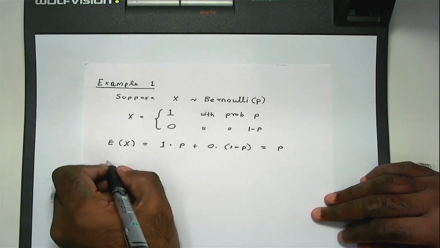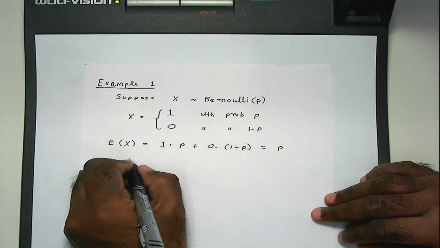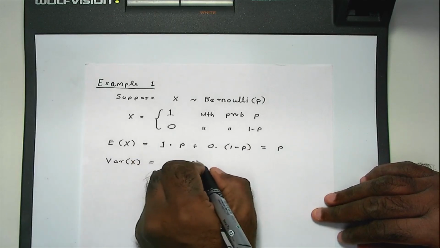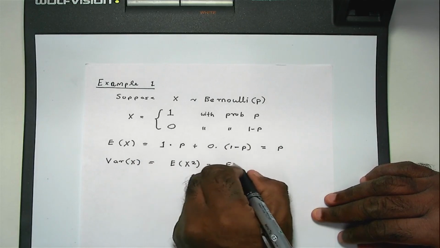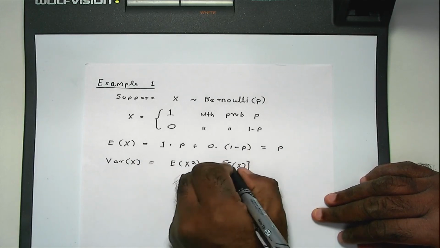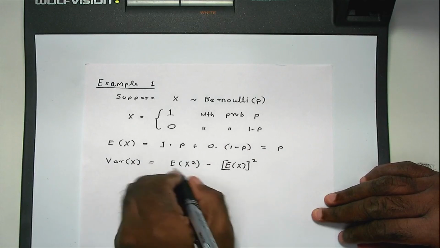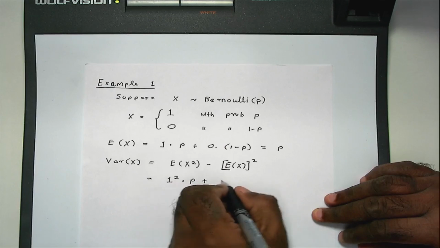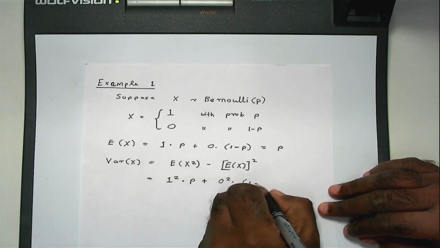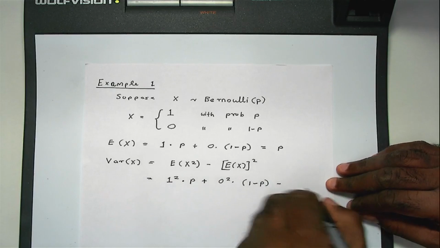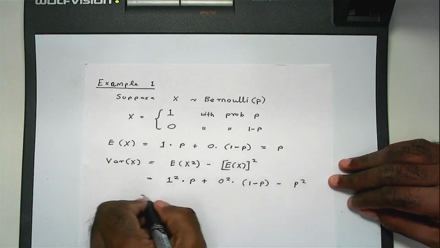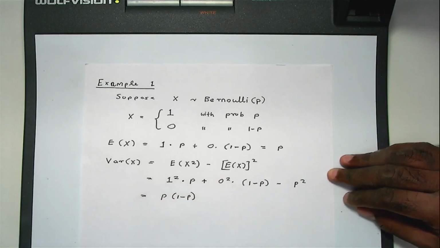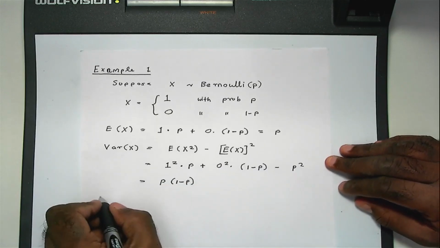The variance of x, I'm going to use the following formula. So the expectation of x squared is going to be 1 squared times p plus 0 squared times 1 minus p, minus p squared. So this would be p times 1 minus p. Alright. The next thing we talked about was the standard deviation.